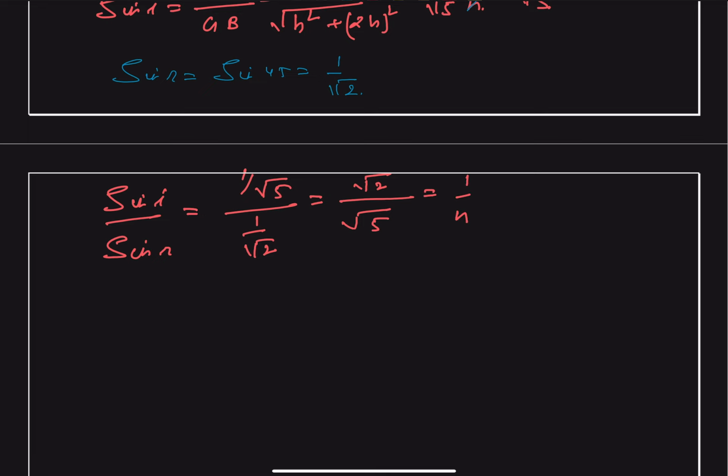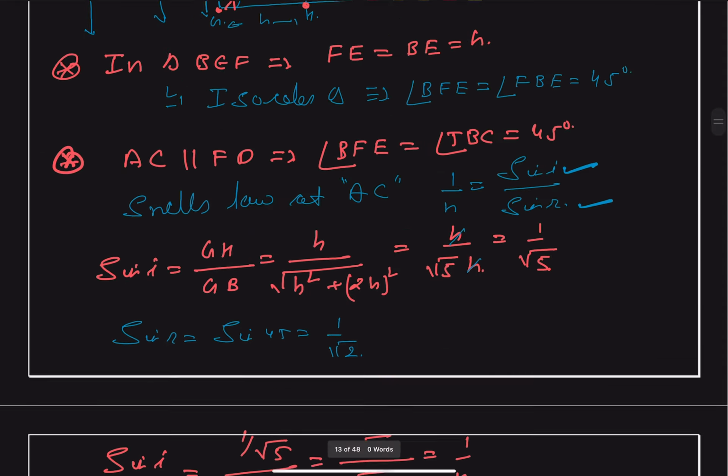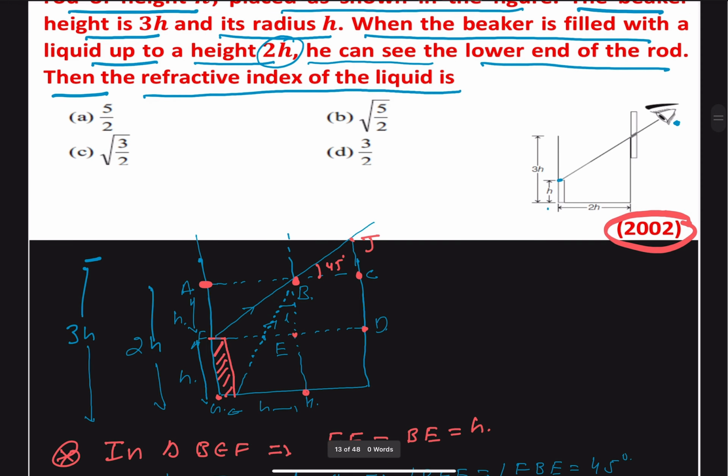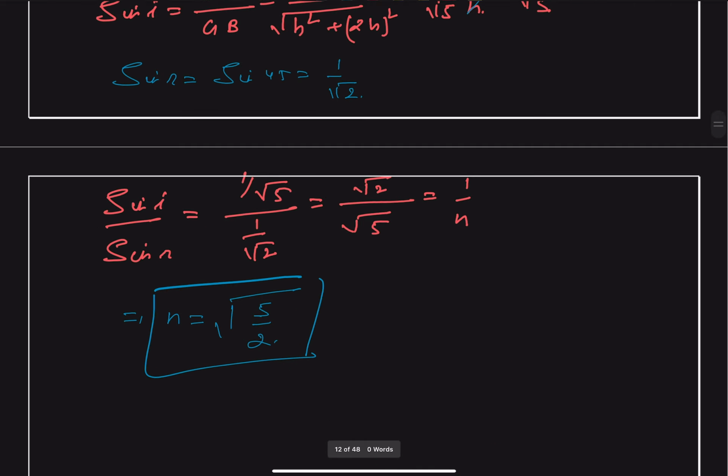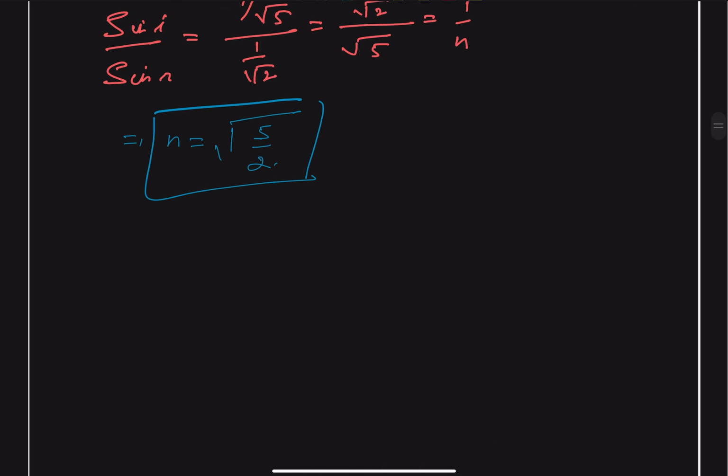So therefore the refractive index n will be equal to square root of 5 divided by 2. So this is the refractive index of the water. So the answer is option B, the correct option.